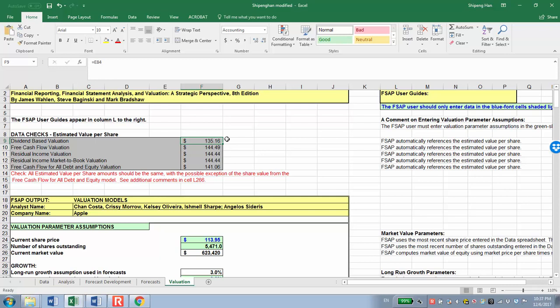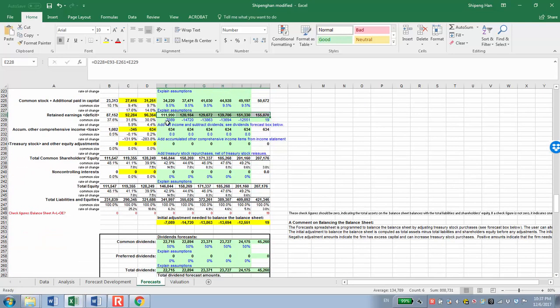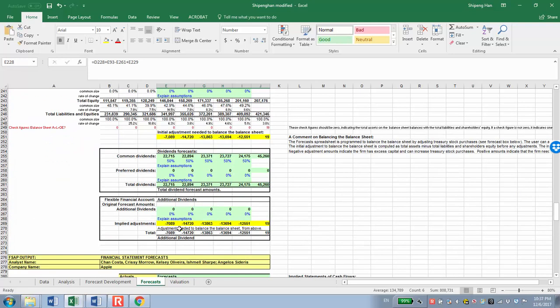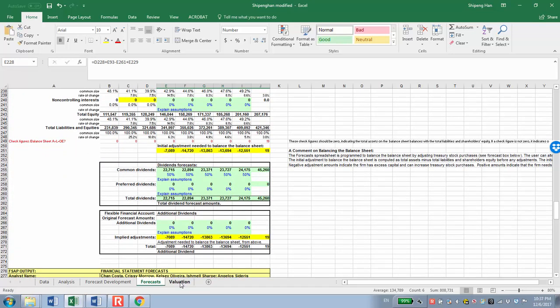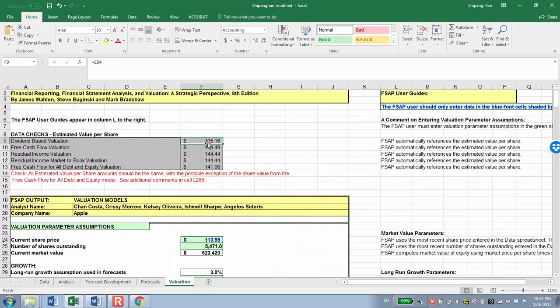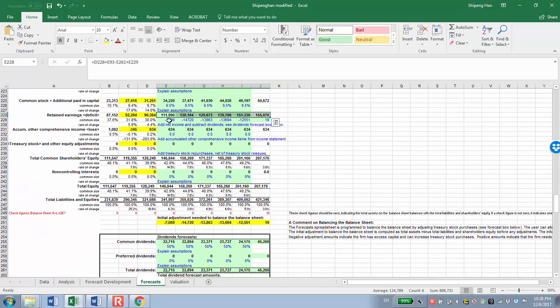And this one is because when we forecast the balance sheet, we use retained earnings as a flexible account. So we make adjustments to the retained earnings here manually to balance the balance sheet. That's why, see here, we decrease the retained earnings by this amount each year.